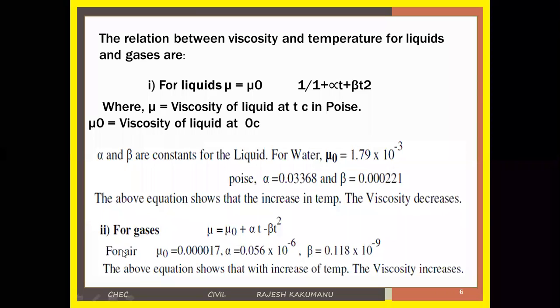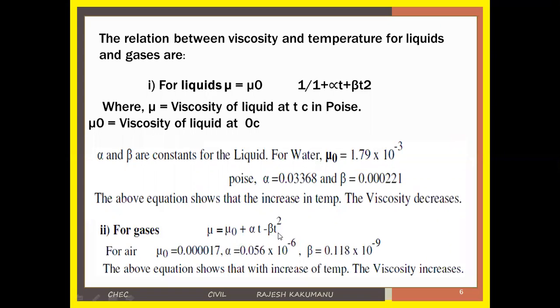Now see for the gases, mu is equal to mu naught plus alpha t minus beta t square. Here for air, mu naught is given, alpha is equal to some value, and beta is equal to some value. The above equation gives that whenever the temperature is increased, the viscosity also increases.